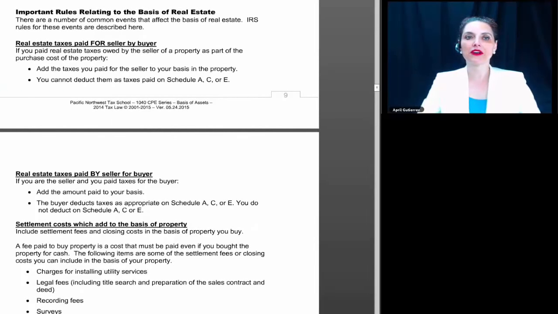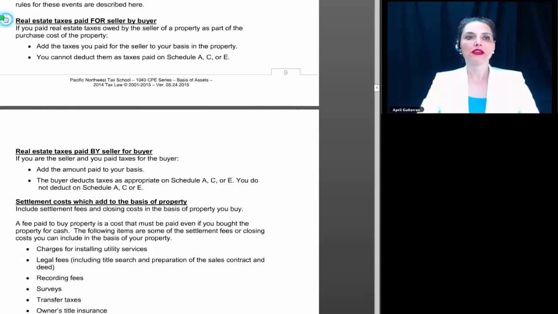So, important rules relating to the basis of real estate. There are a number of common events that can affect the basis of real estate, and IRS rules for these events are described here. Firstly, we have real estate taxes that were paid for the seller by the buyer. If you paid real estate taxes owed by the seller of property as part of your purchase cost of the property, then you will add the taxes that you paid for the seller to your basis in the property.